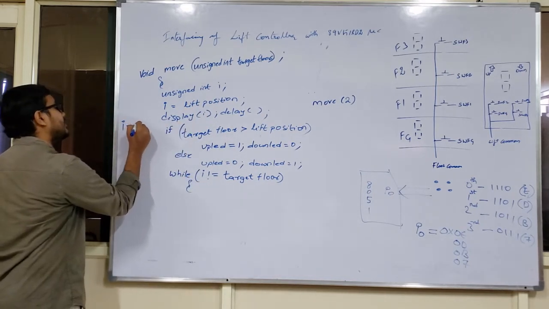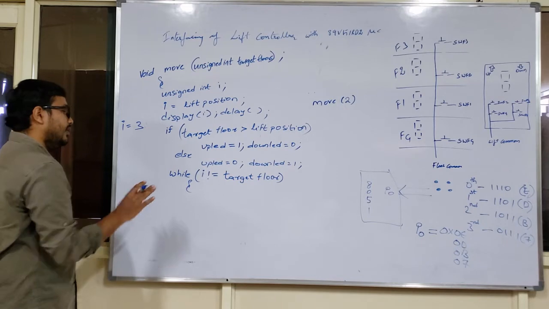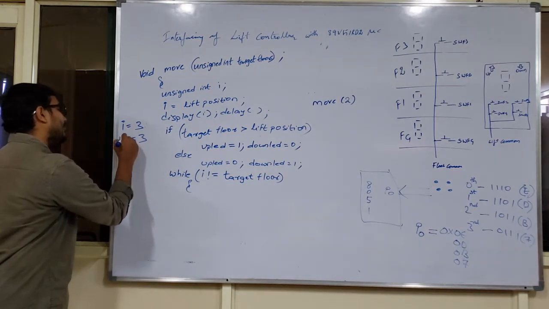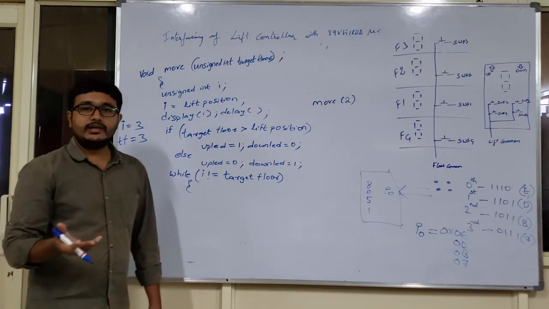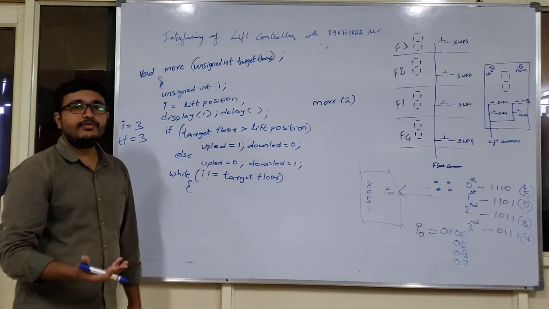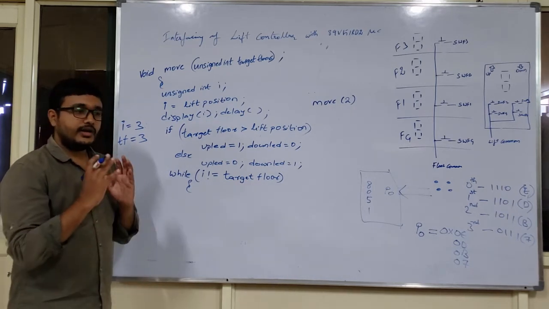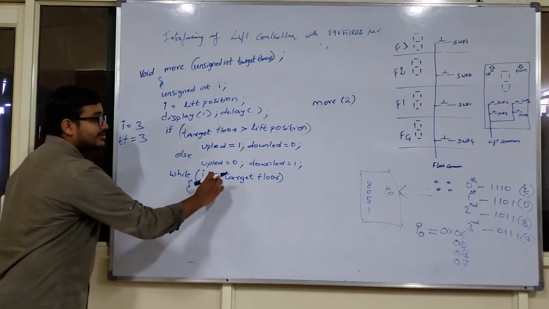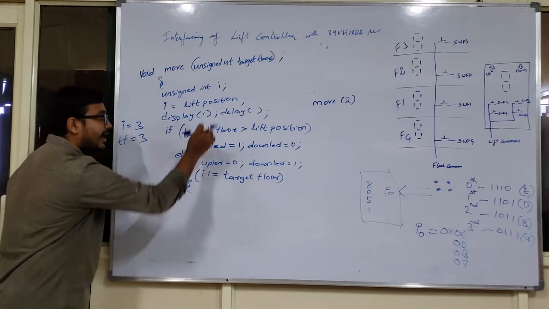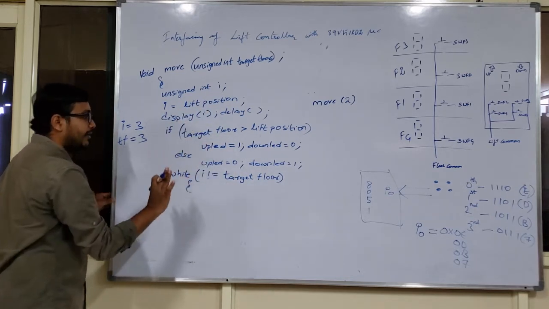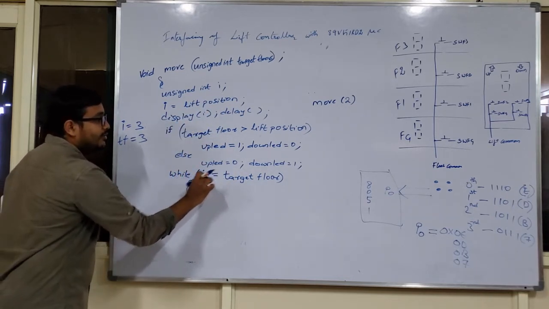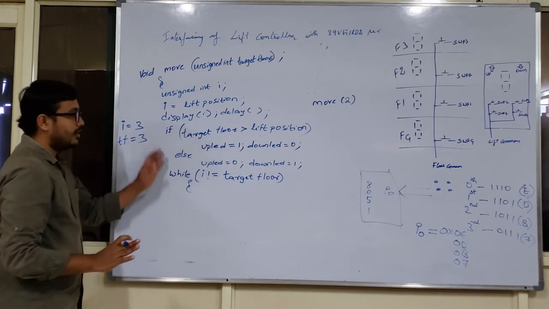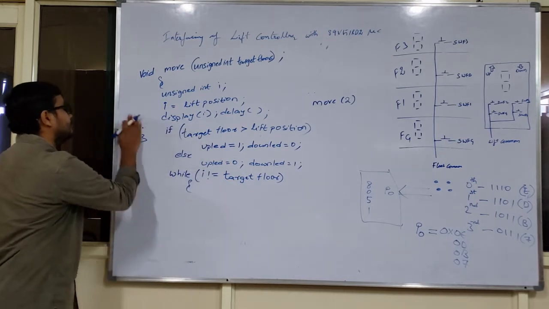If my current lift position is the third floor and my target floor is also the third floor, will there be any activity in the lift? No, the lift where it was, there it will be. So while I is not equal to target floor only, all this activity has to happen. If I equals target floor, no activity will happen, no program instruction will execute.